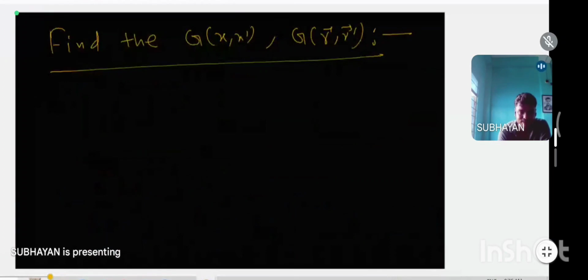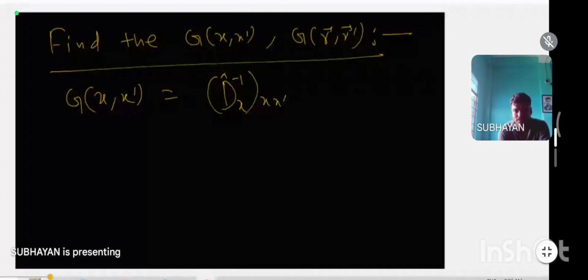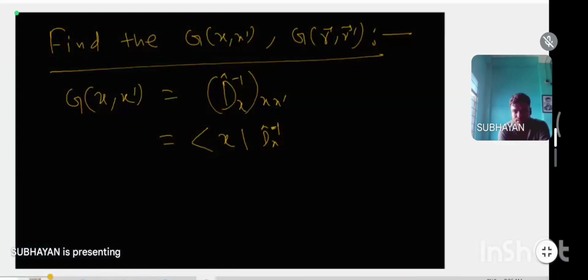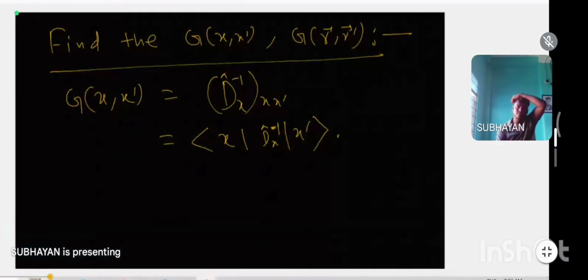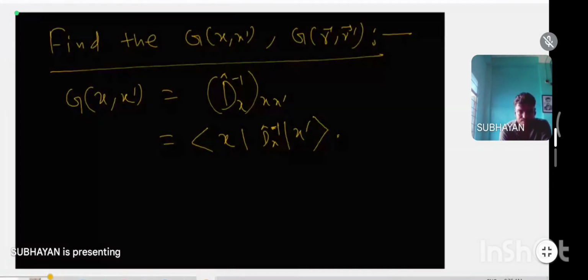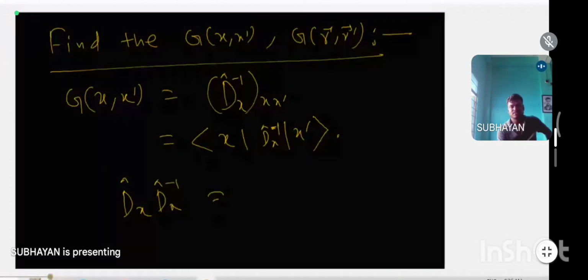In one dimension, G(x, x prime) is the matrix element of this one. So you know D(x) times D inverse(x) is equal to I. This is the definition of the unity operator.